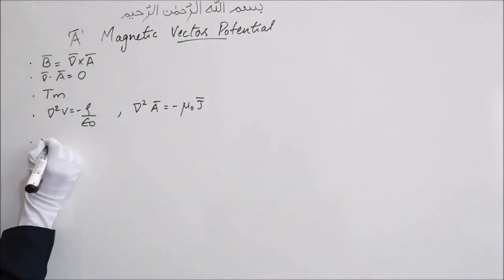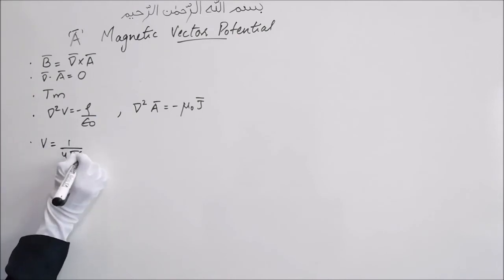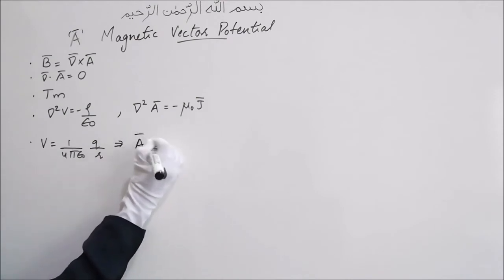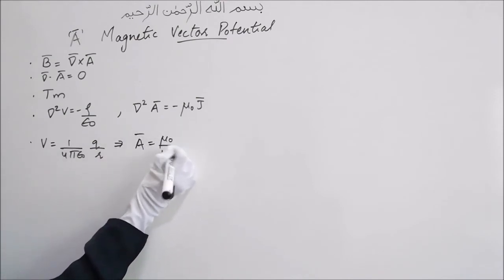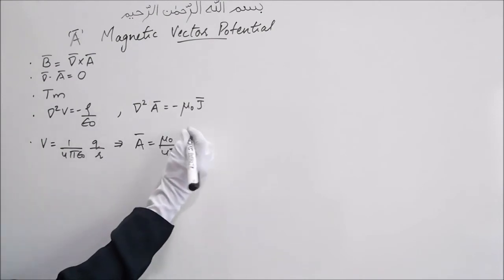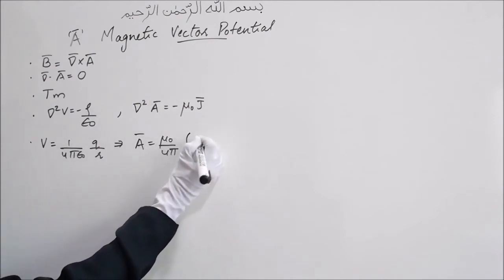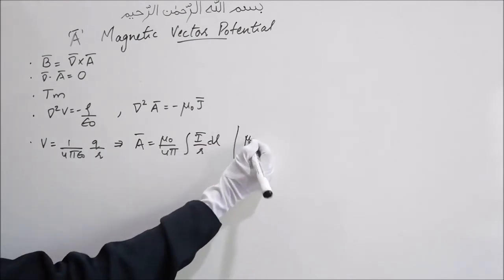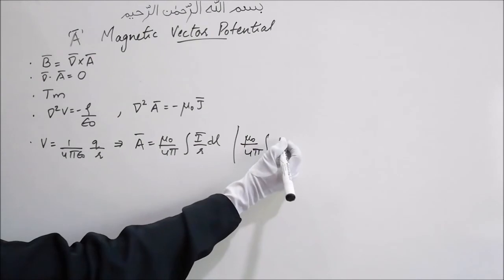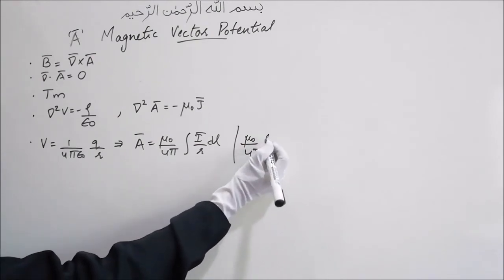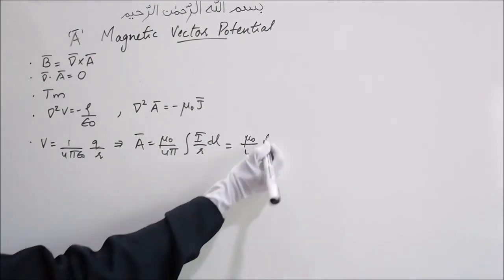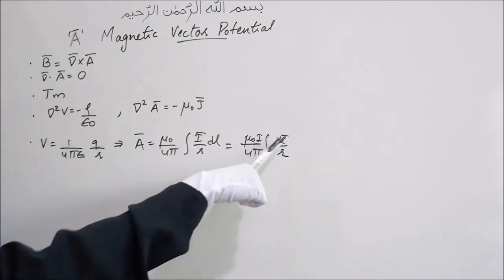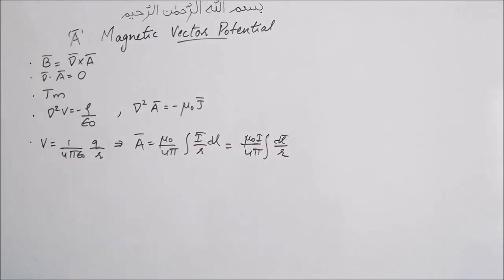In electrostatics we saw the scalar potential as 1 by 4 pi epsilon naught Q by R. Here we have A is equal to mu naught upon 4 pi, where 1 by epsilon naught is replaced by mu naught, integral of I by R dl. I can come out of the integral and we have mu naught I upon 4 pi integral of dl upon R, because dl and the current are in the same direction.